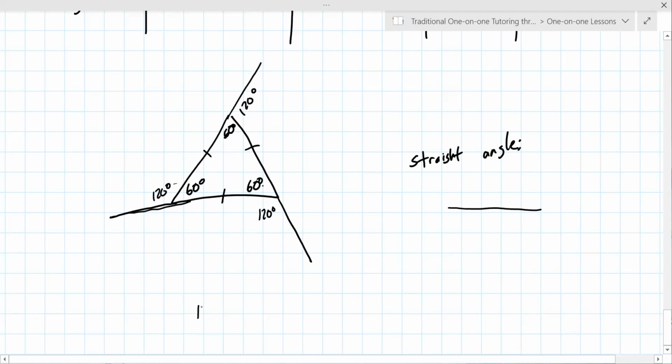So what is 120 degrees plus 120 degrees plus 120 degrees? That is going to be 360. Very good.